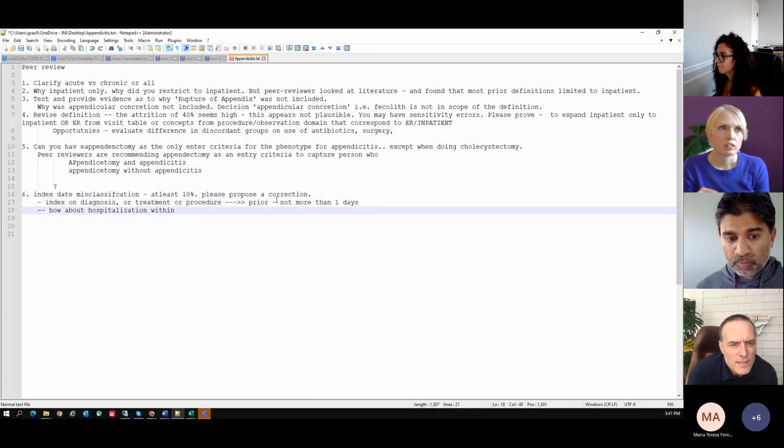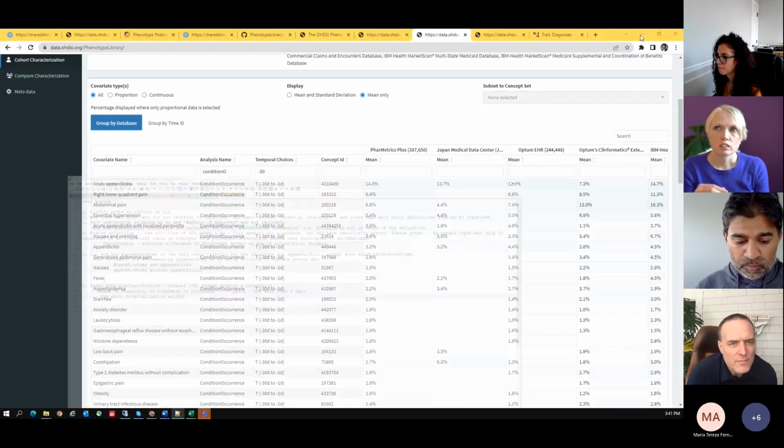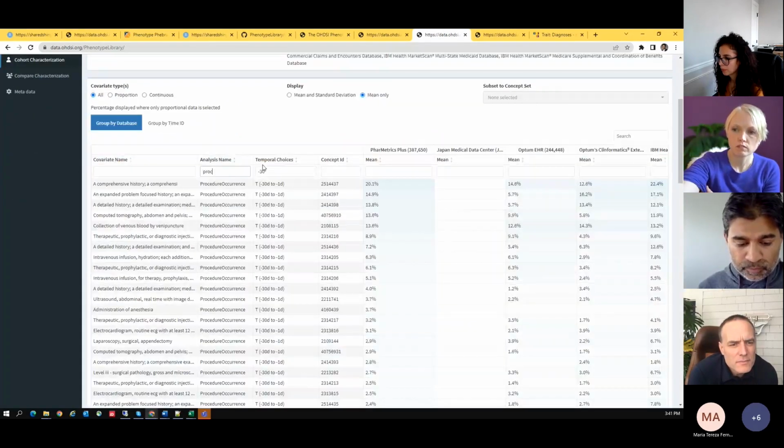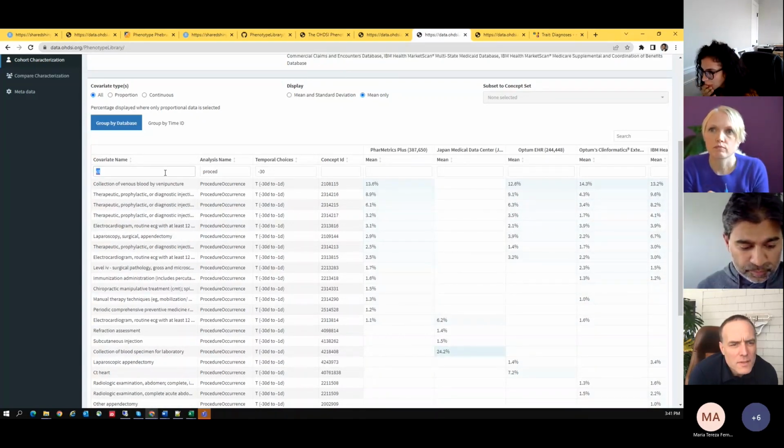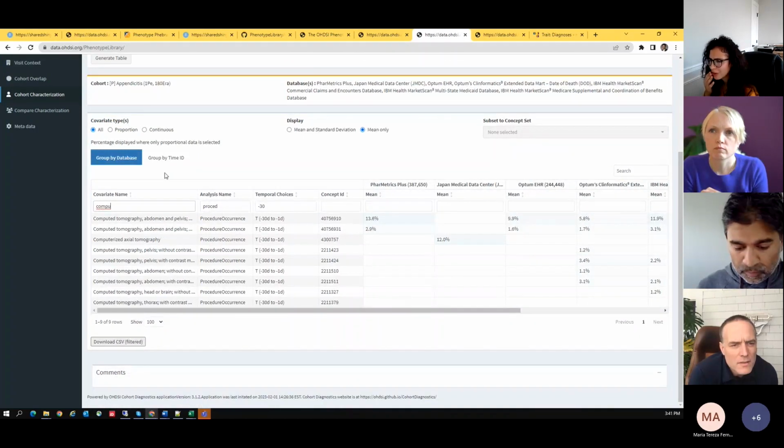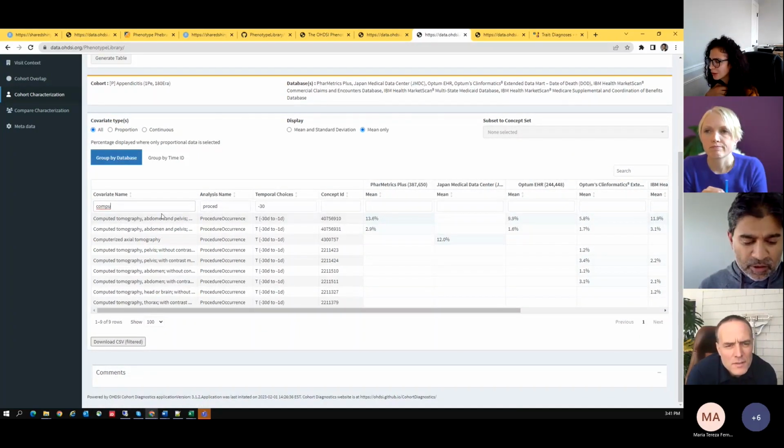It would be interesting to take a look and see what we see in terms of imaging too, like when the imaging is done. I thought it's ultrasound, no? It's mostly CT, I think. Ultrasound is also possible.